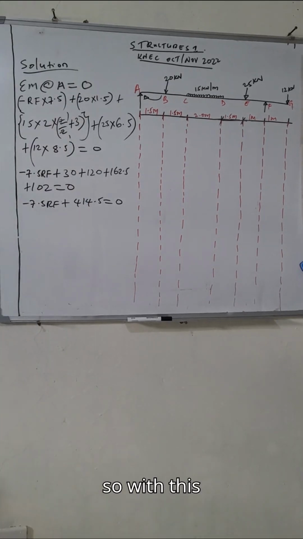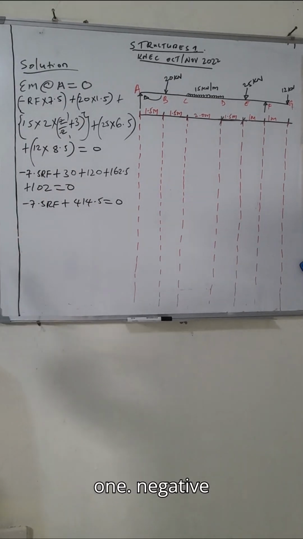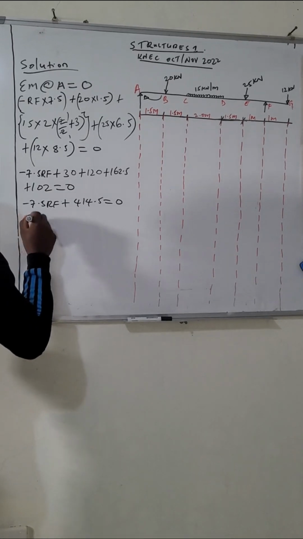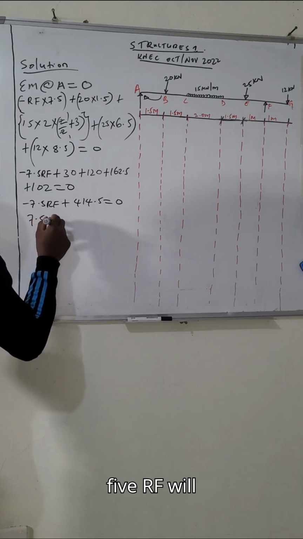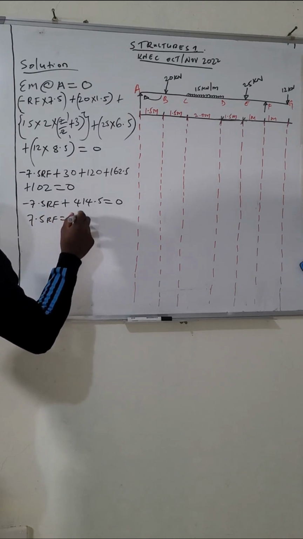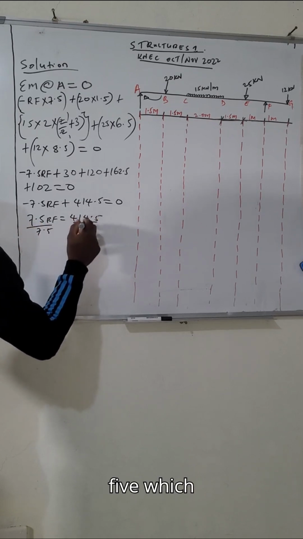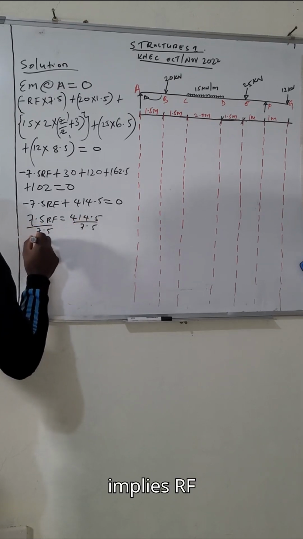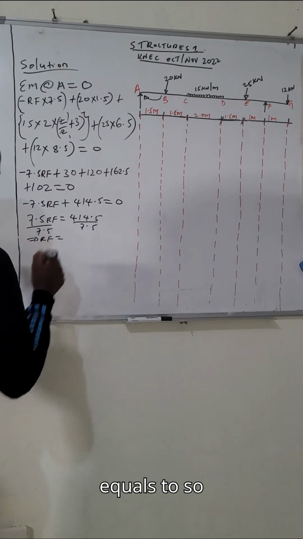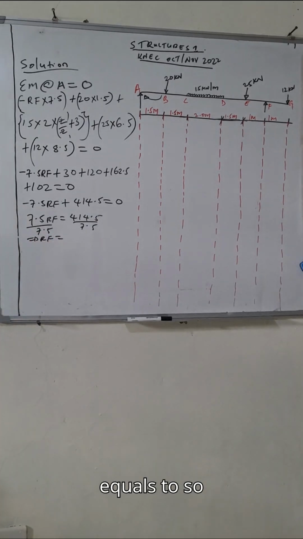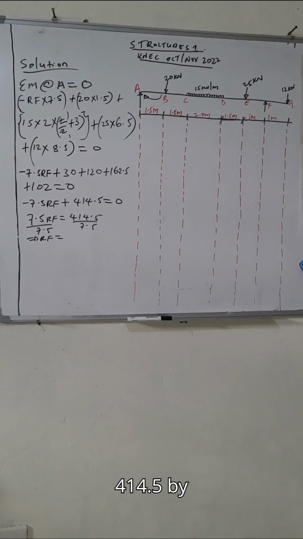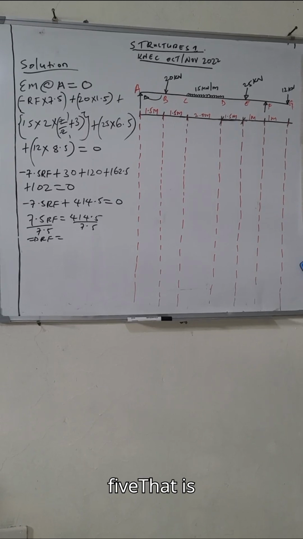Moving negative 7.5 RF to the other side, it changes from negative to positive. So 7.5 RF equals 414.5, which implies RF equals 414.5 divided by 7.5.